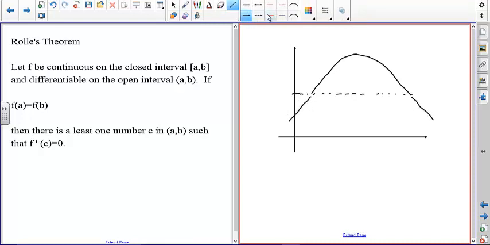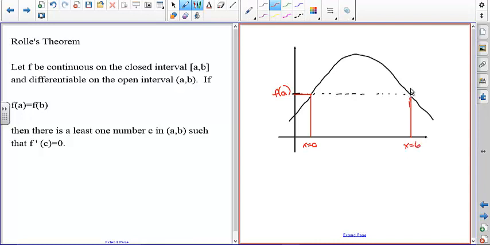So if we draw a line from the x-axis to the graph, and then go horizontally over to the y-axis to find out what the value of the function is. So this is x equals a, and this is f of a. And the same thing over here. You've got the x value, x equals b, and this is also f of b.